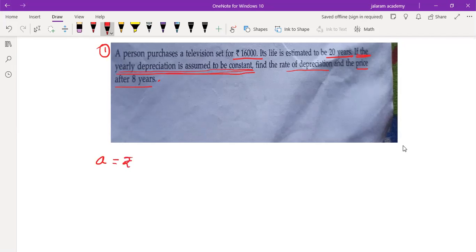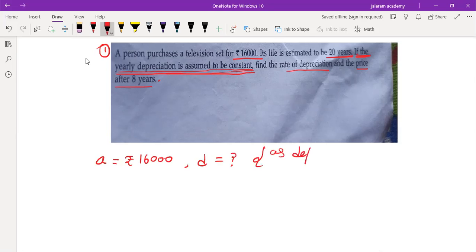So its initial cost can be estimated as the first term of the AP. Depreciation is constant means it has a common difference.